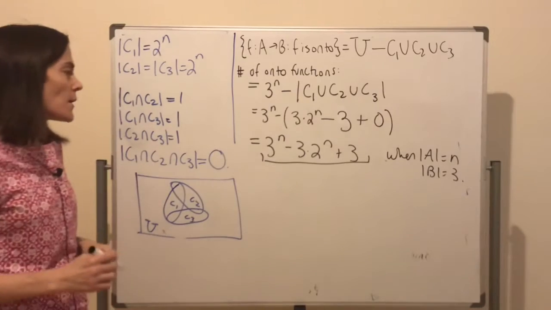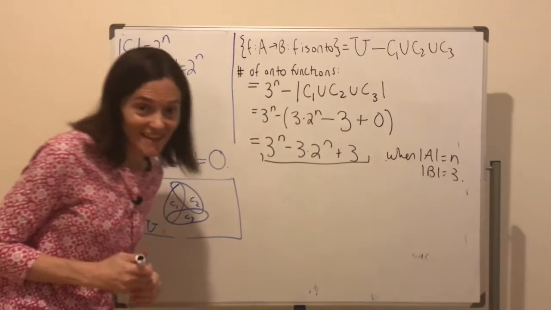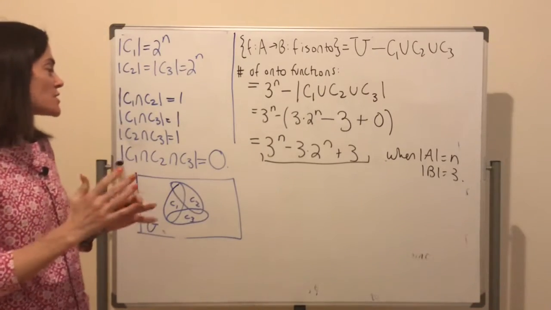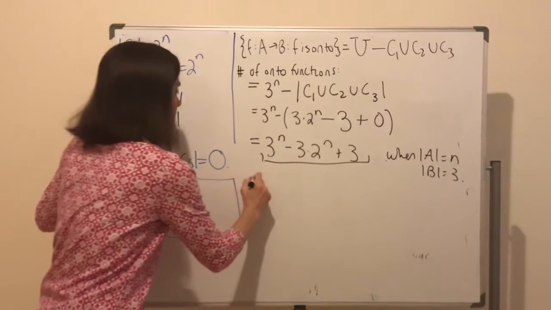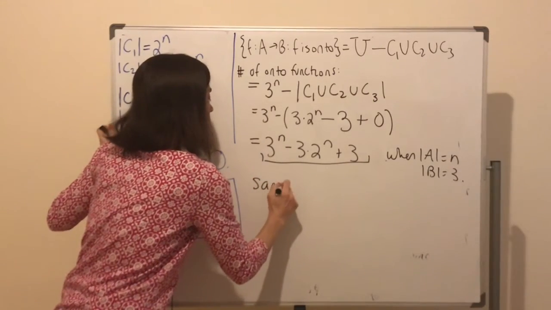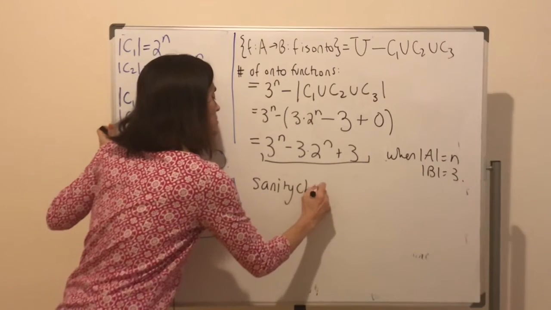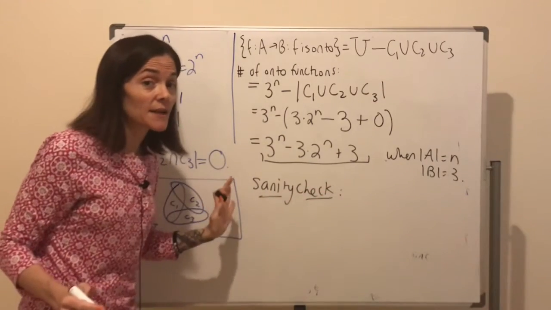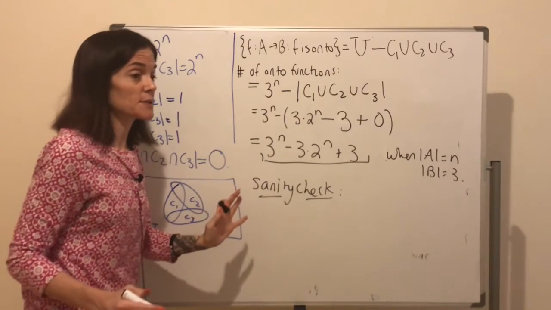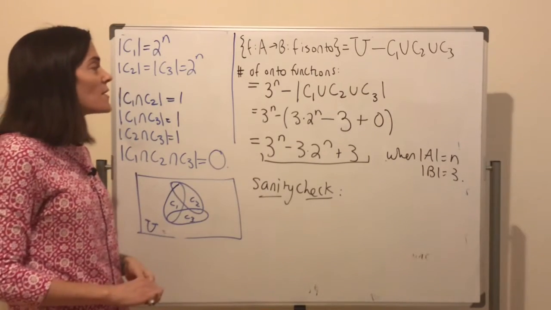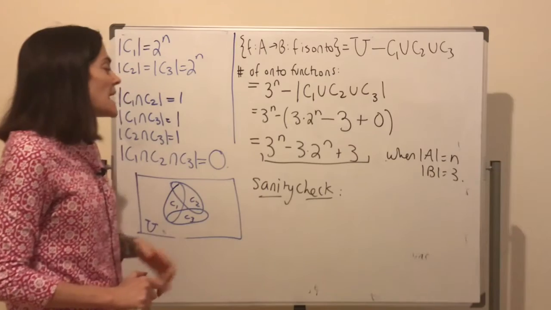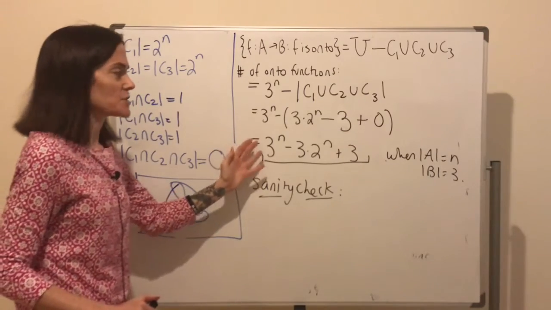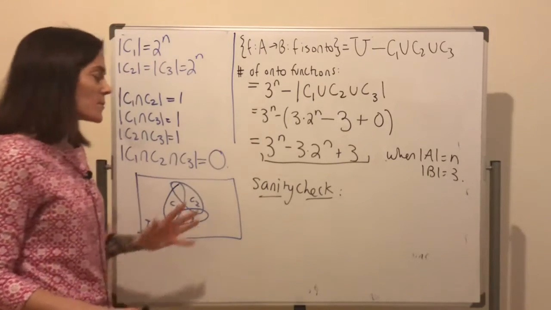Okay? Now, before I do anything else, let's just do a little sanity check, because I'm about to get a little bit more complicated, not only with inclusion, exclusion, but also with onto functions. And it would be really nice to understand what we have done so far before we move on.